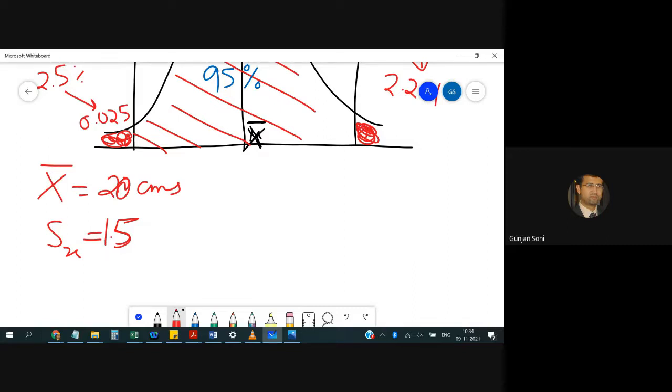Okay, so I can find out the upper and the lower limits now. Can you quickly find out the upper and the lower limits of the confidence interval? All of you? I want answers from all of you.